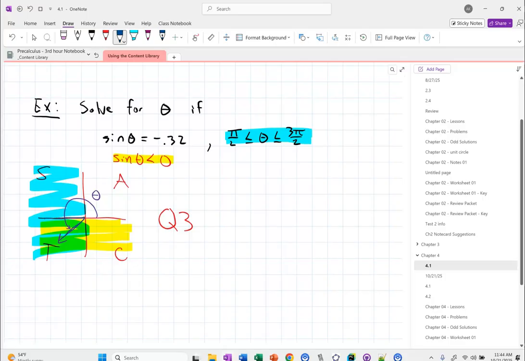What I'm going to do is I'm going to find this angle. I'm going to call that angle alpha. So that's like the little Jesus fish symbol is the one that I use for it. And I'm going to think about theta then as this angle plus this angle. Is everybody okay with that?